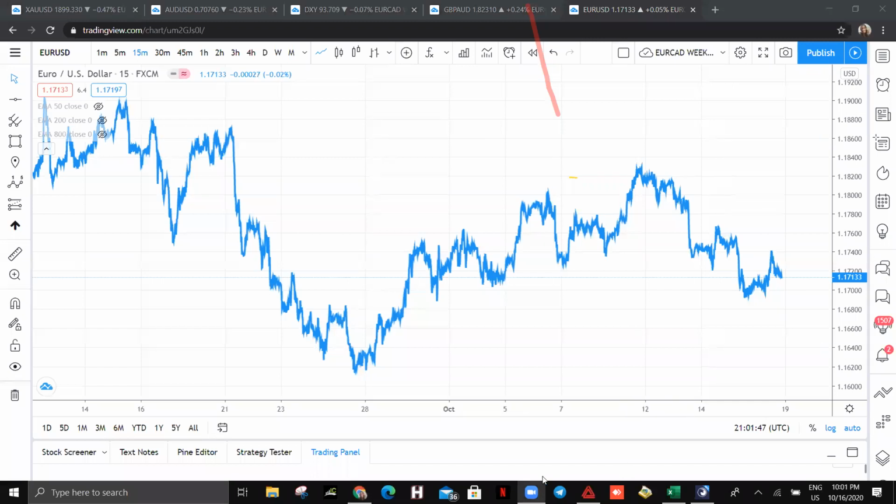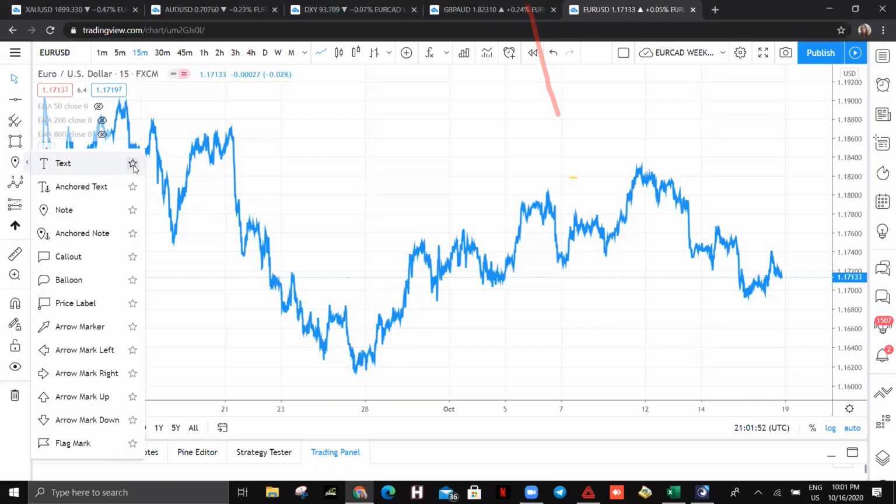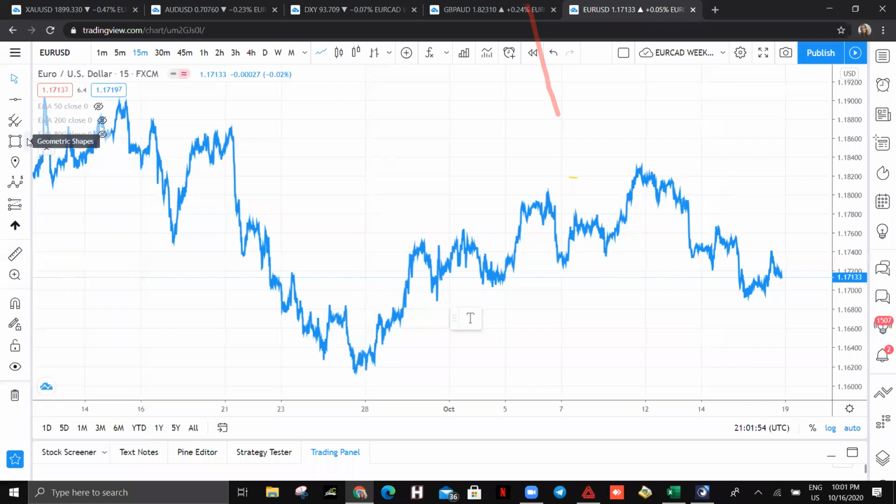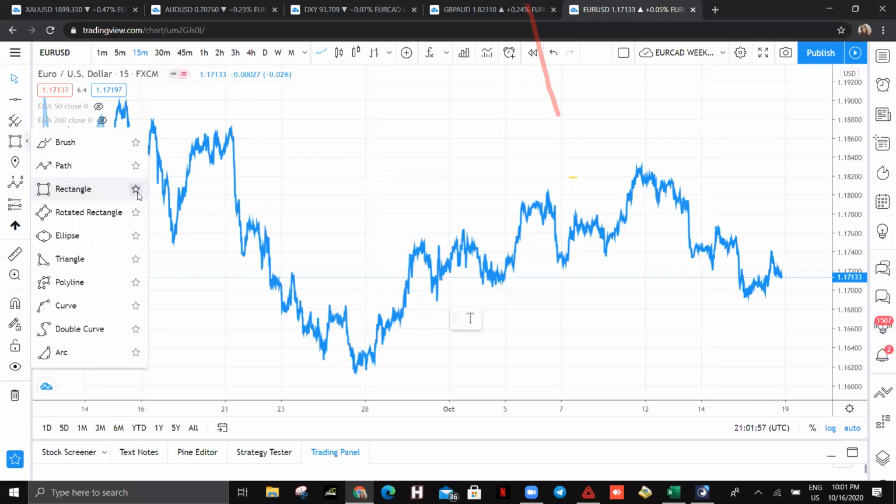Now I'm going to use, let me highlight these things back so I can have it on my screen.